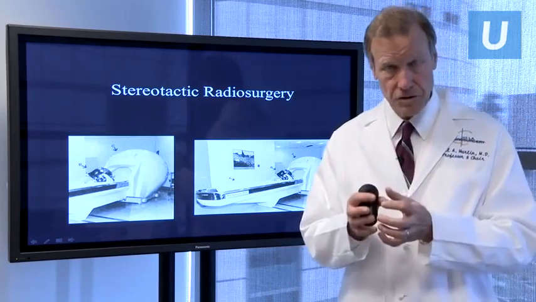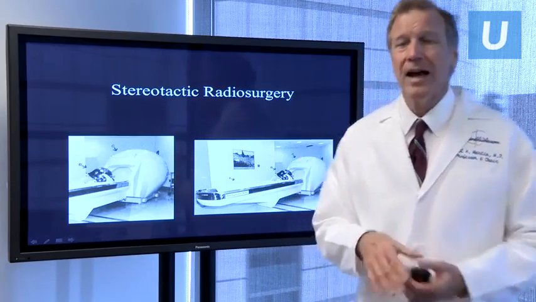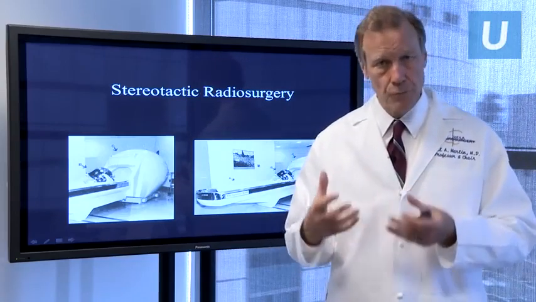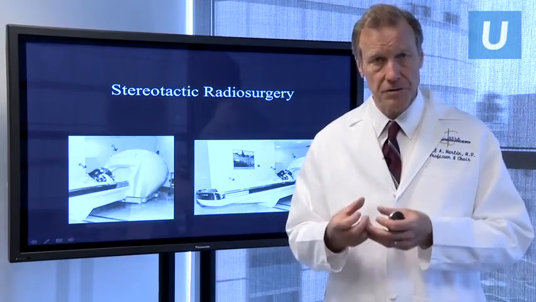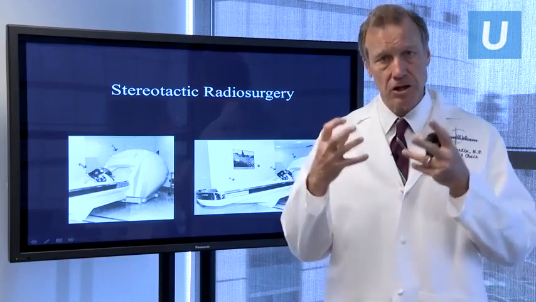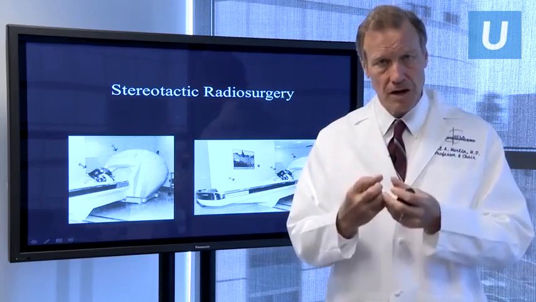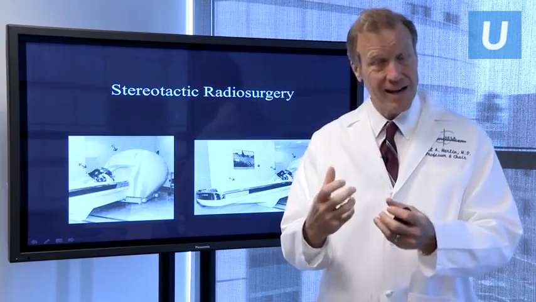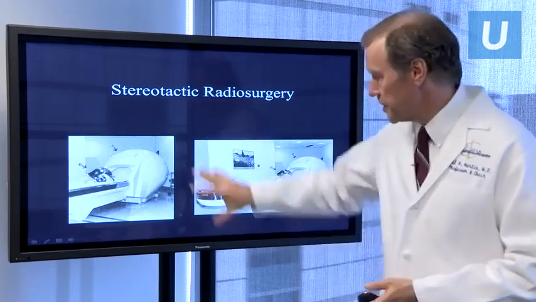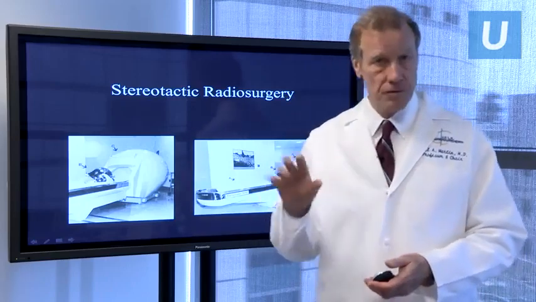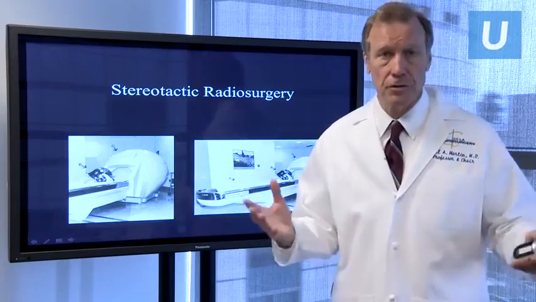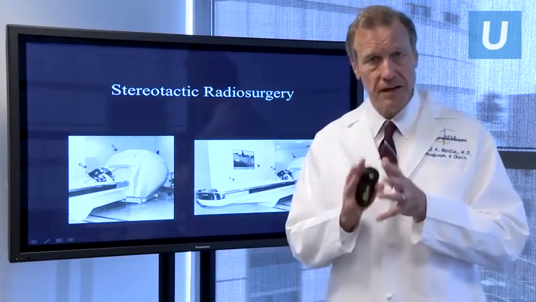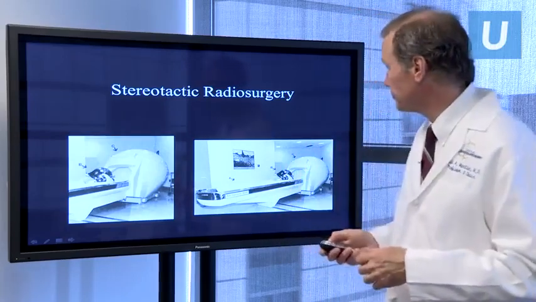The radiation is concentrated on the AVM itself, and that process initiates a scarring or fibrosing process in the blood vessels of the AVM. They gradually shrink, close off, shrivel up, and the AVM can disappear completely if it's not excessively large. This technique has treated now hundreds of thousands of patients with arteriovenous malformations around the world, and is quite effective if the AVM is on the small side.